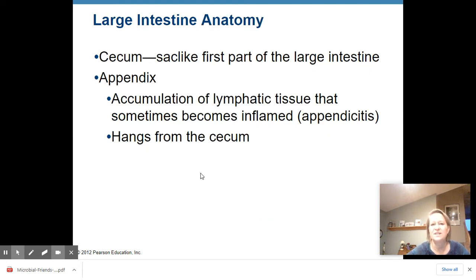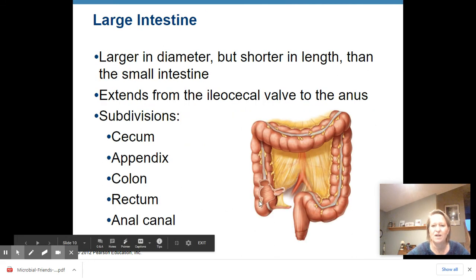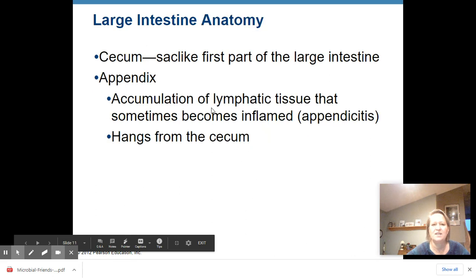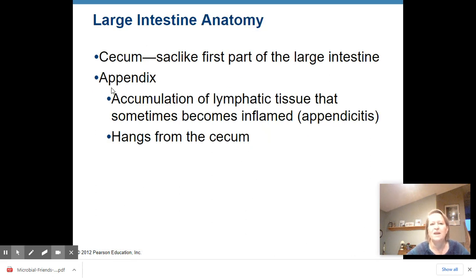The first one is the cecum. The cecum is right here, and the cecum has the appendix hanging off of it. The appendix was once thought to be just a vestigial structure, a structure left over from our ancestral heritage through evolution that is no longer used.